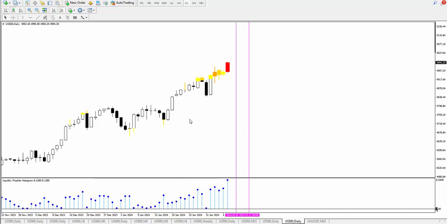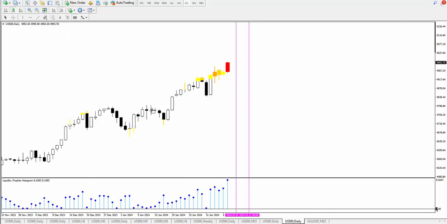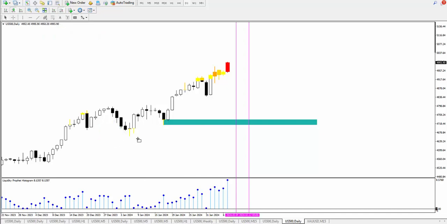Maybe we have to go to the H4 time frame, but what I can see here is at this low here we have a yellow wick. So I'm going to make a box and we're going to put the box there. So that would be one potential target, and you can see here we've got the two yellow wicks down here, which means that that would be the next potential target.